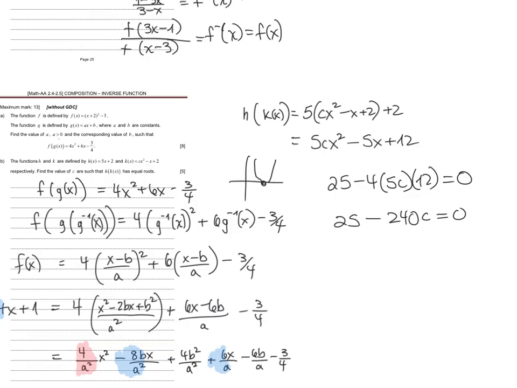So 25 equals 240c. So if we do c is 25 over 240, and we can simplify, divide by 5, and 5 goes into that 48 times, so that should be c.